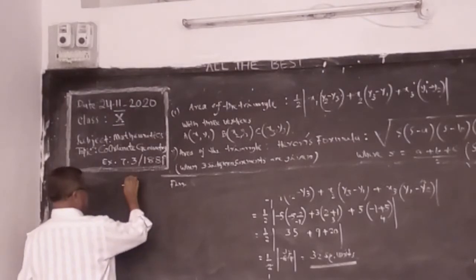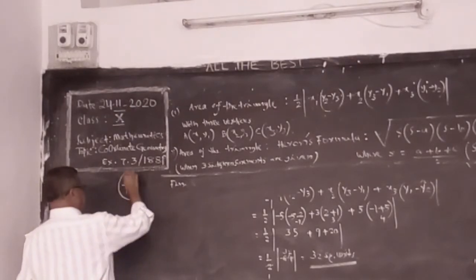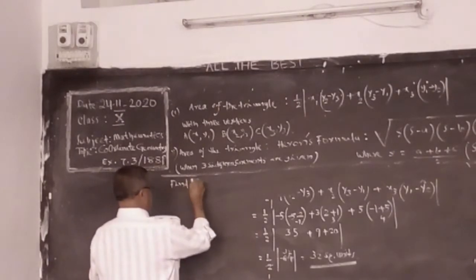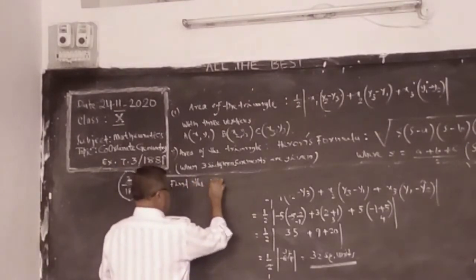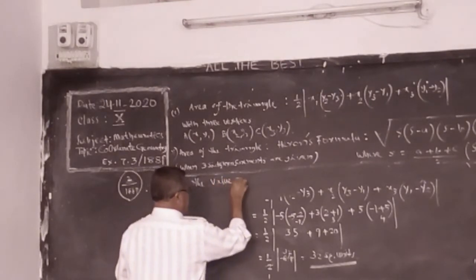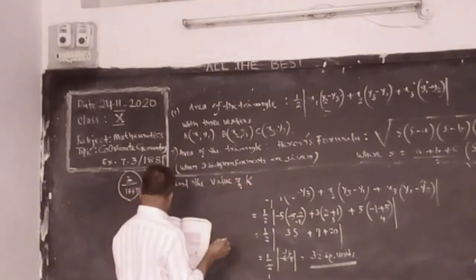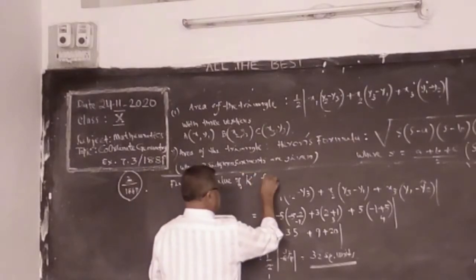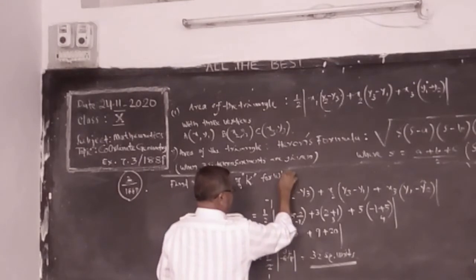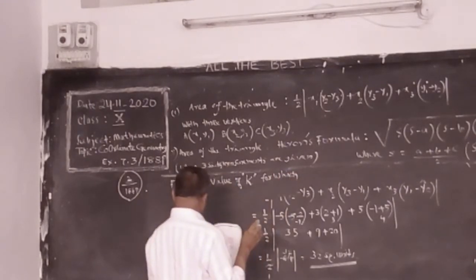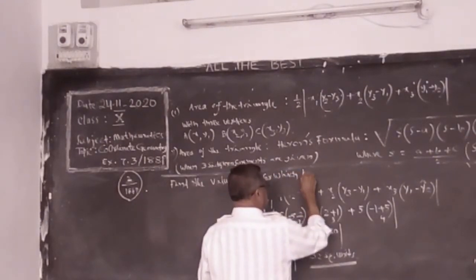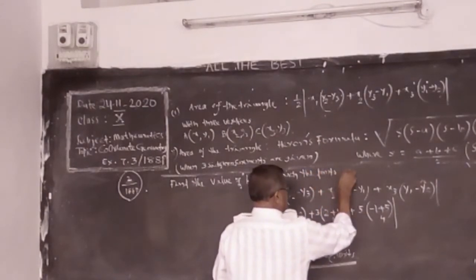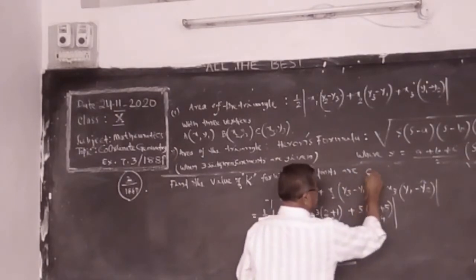Now second question. Find the value of k for which the points are collinear.